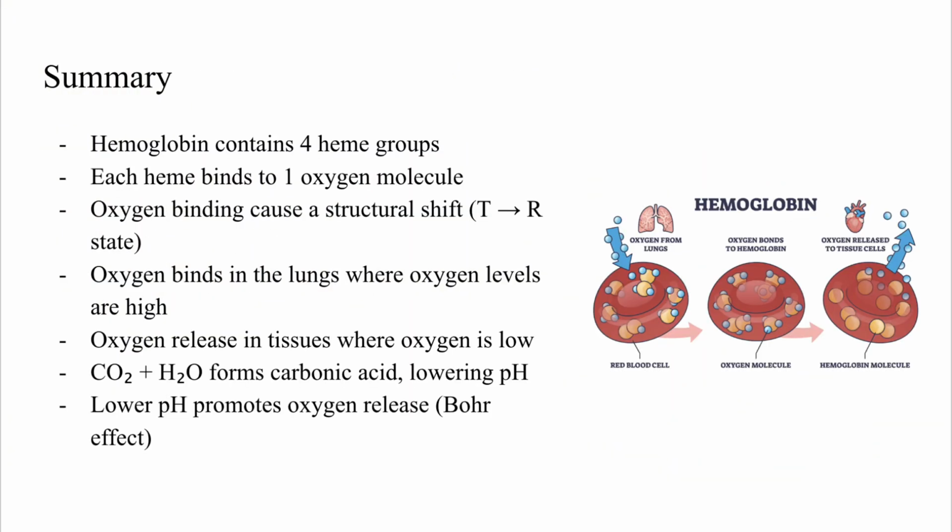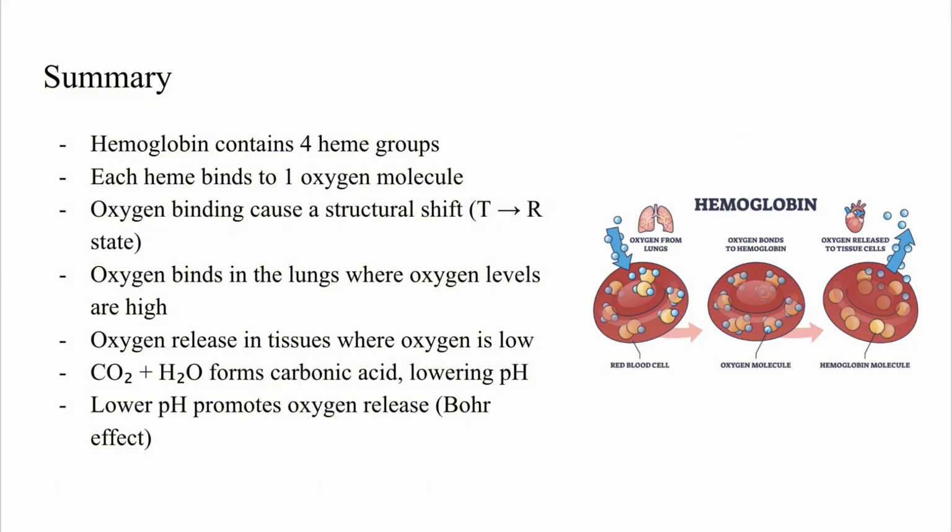Okay, so in summary, hemoglobin transports oxygen through reversible binding to iron within heme groups. Oxygen binding causes a conformational change that shifts hemoglobin from the tense state to the relaxed state, increasing oxygen affinity. In the lungs, high oxygen levels promote oxygen binding, allowing hemoglobin to become nearly fully saturated. In our systemic capillaries, oxygen levels are lower and tissues are actively consuming that oxygen, which promotes oxygen release.